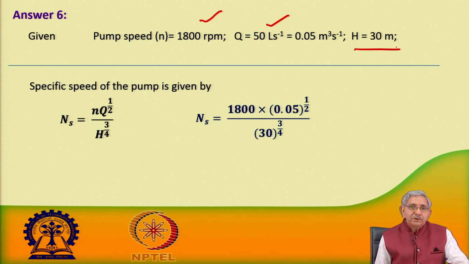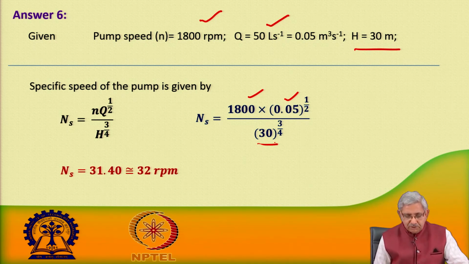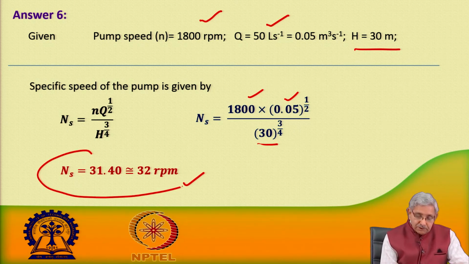So, we are substituting the value: N is given in the question as 1800, the discharge is 0.05 cubic meter per second, and the head of the pump is 30 meter. Simply substituting the values, we get the specific speed of this pump as 32 rpm. So, this is the answer.